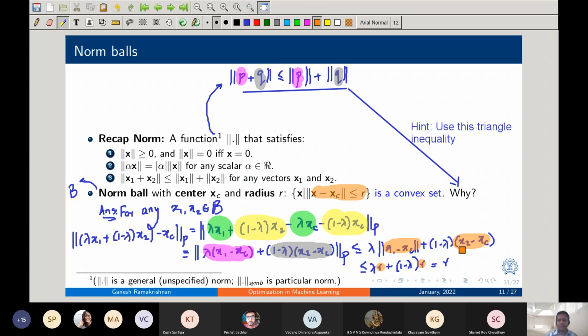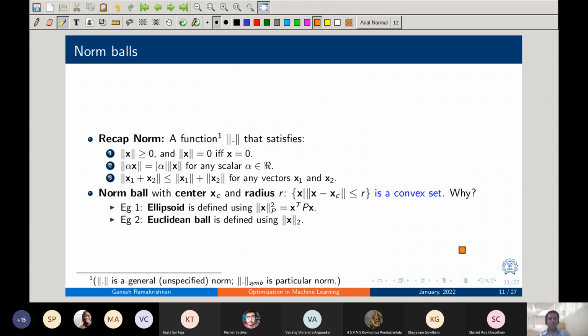Okay, let's proceed. There's a special case, the ellipsoid, where we're basically using a P. We're going to very soon see norms that matrices induce on vectors, and norms that vectors induce on matrices. Somehow we have to give up this mental block where we see matrices and vectors very differently.